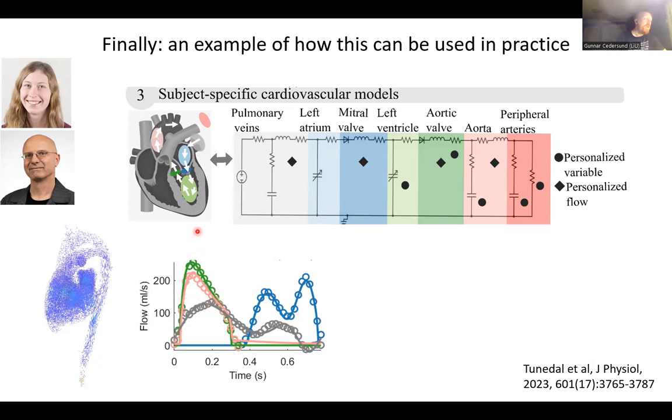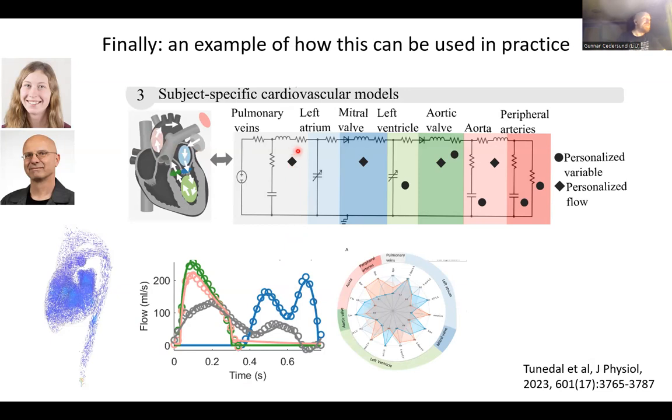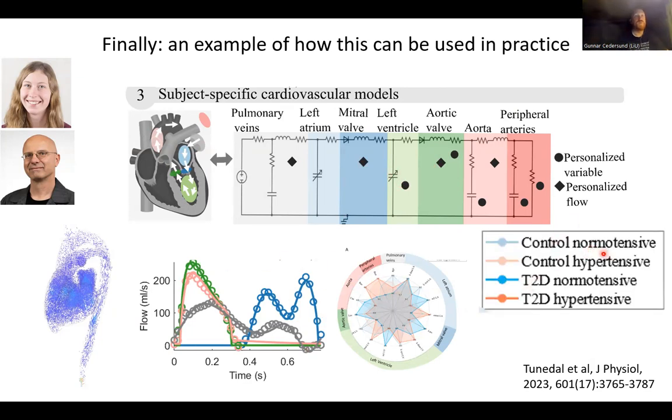And we can do this for different patients. And this comes into block 2 when we will estimate parameters. So this is a teaser of block 2, you could say. So we can estimate the parameters like the compliance or the properties that have to do with these different parts of the system. So patient-specific parameters can be estimated by fitting the model to data. And then we can compare different patient groups.